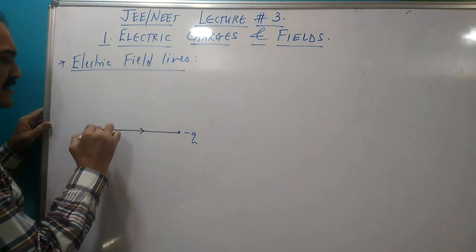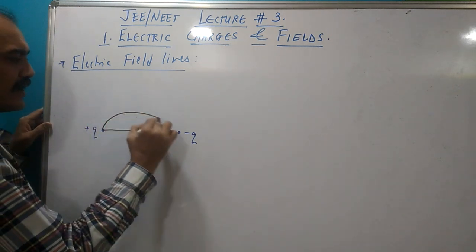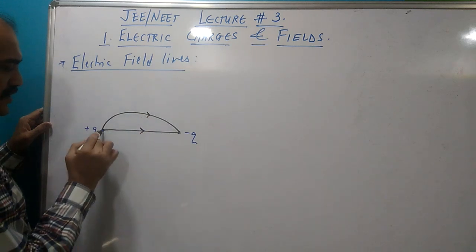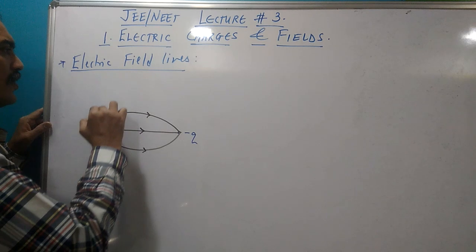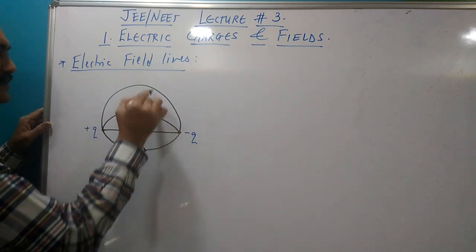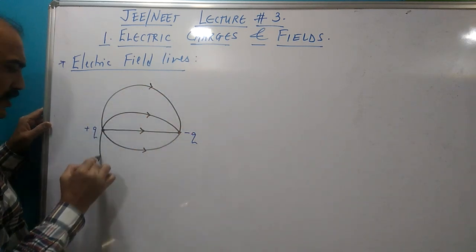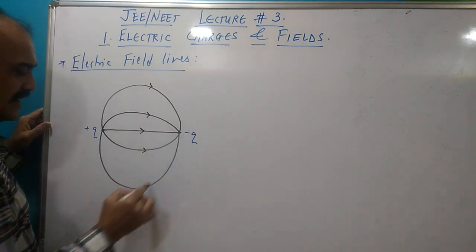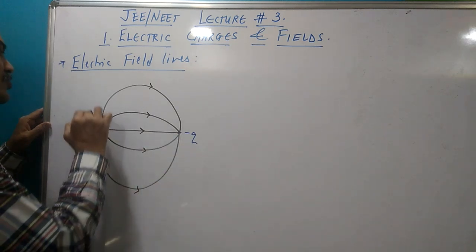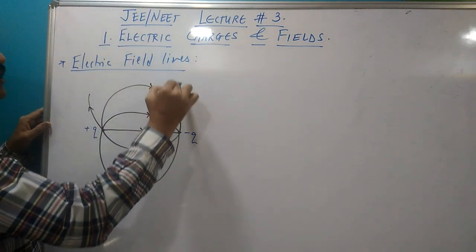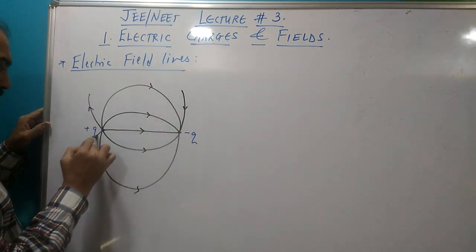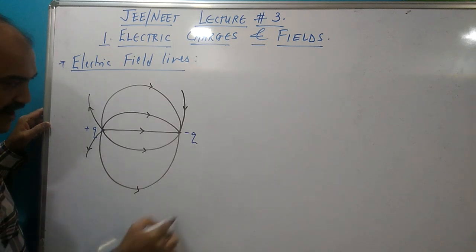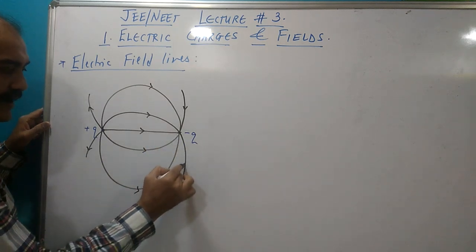Not only like this, they can also be like this or like this or like this. Any scenario. They can also go like this, move up, and from here they can come back. From here they can come out, they can move down and they can come back here.